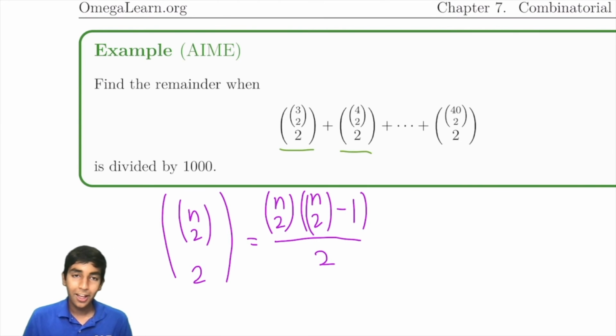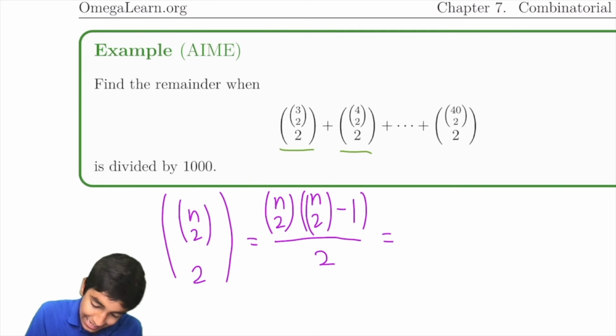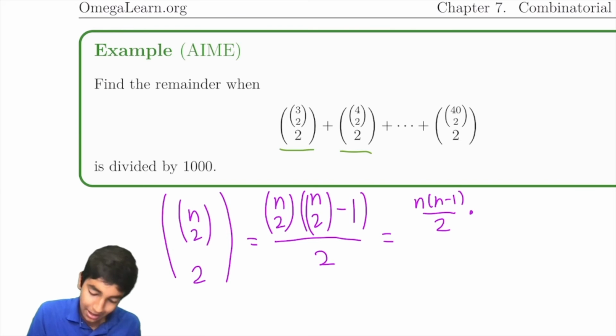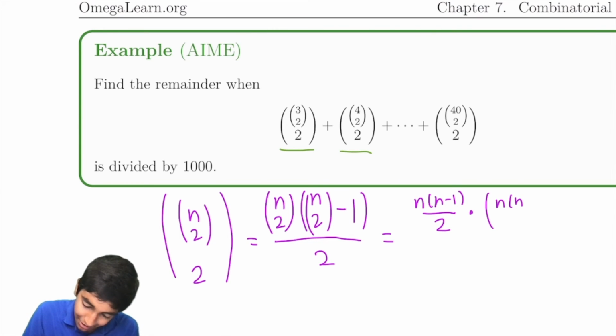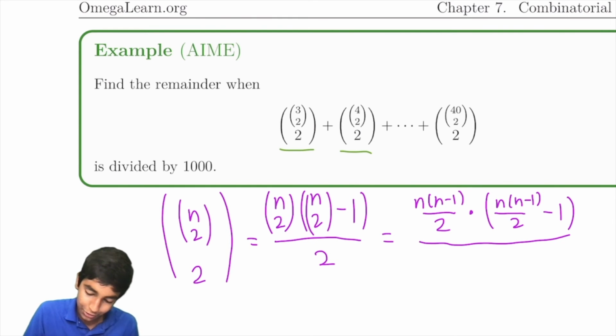Okay, now let's simplify this. We know n choose 2 is just n times n minus 1 divided by 2. n times n minus 1 divided by 2 times that minus 1. So n times n minus 1 divided by 2 minus 1 all over 2.